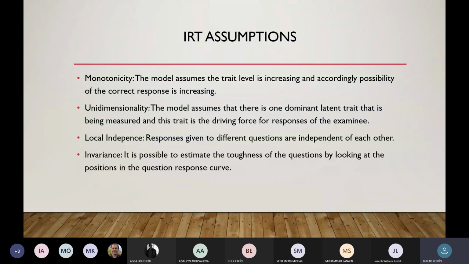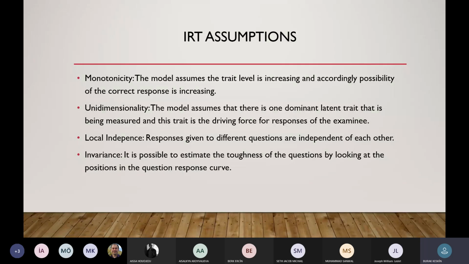Unidimensionality: in our model, there is one dominant trait that is being measured, and this trait is the driving force for the responses of the examinee. For example, this trait can be the response time of the examinee to answer those questions, or, when text mining comes into the subject, the context of the answer.